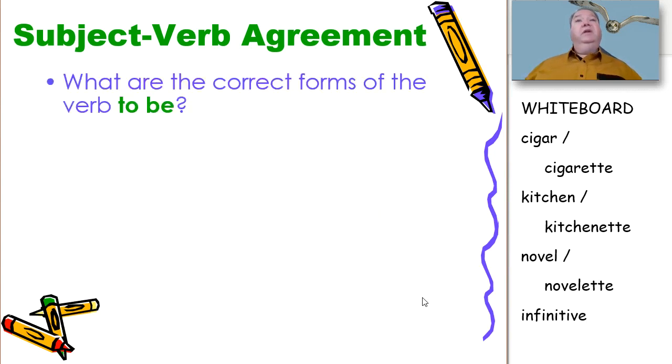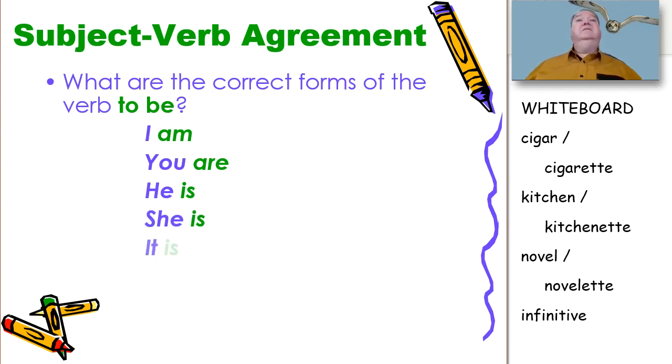So what are the correct forms of the verb to be? You should remember these. I am, you singular are, he is, she is, it is, we are, you plural are, they are.